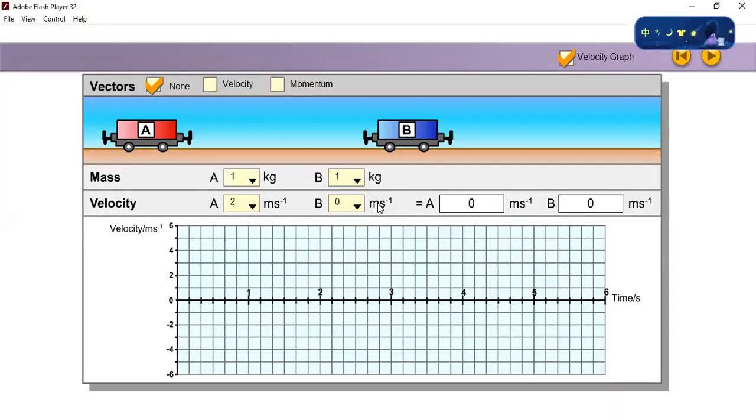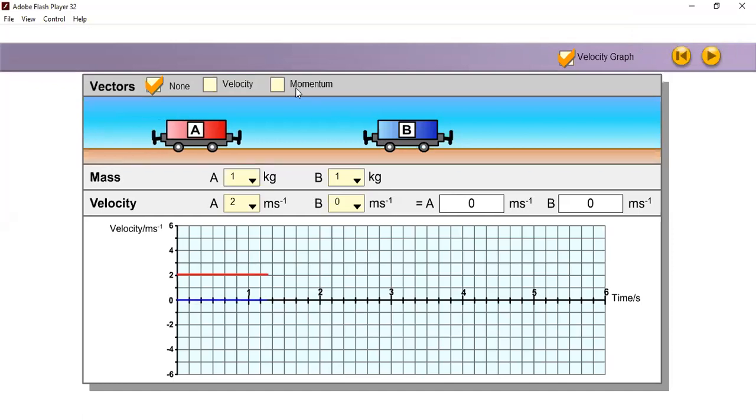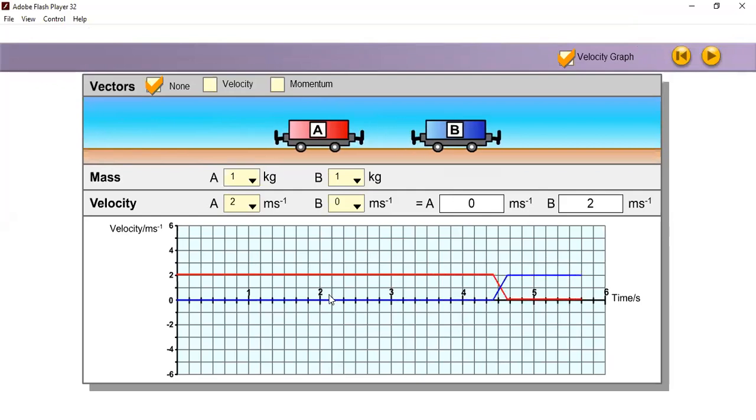Now let's go to the next situation. So there is elastic collision. For elastic collision, no matter what, after collision, both of them will move with different speeds.